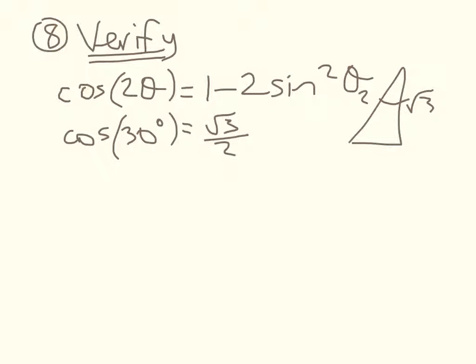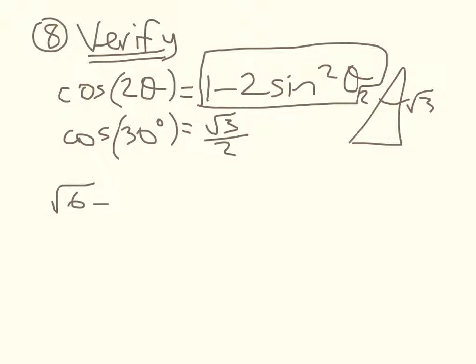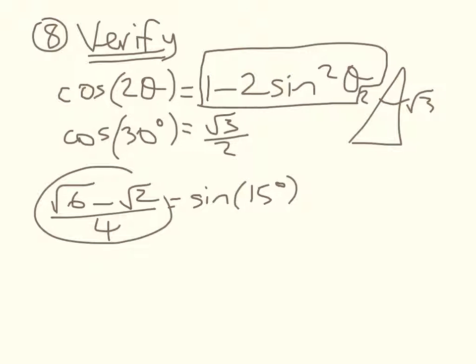So all we want to do is look at this side and check what happens if we put in root 6 minus root 2 on 4. So we're asked to verify that sine of 15 is equal to this thing. So our logic is, if I substitute that in there, will I end up getting root 3 on 2?